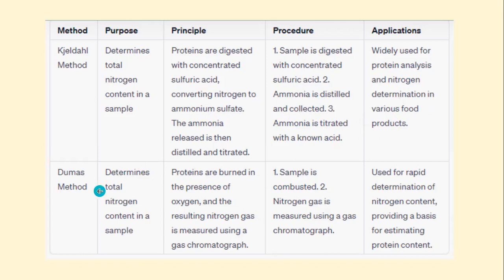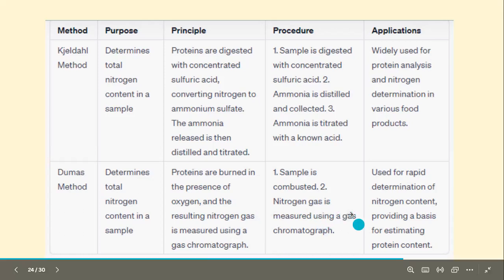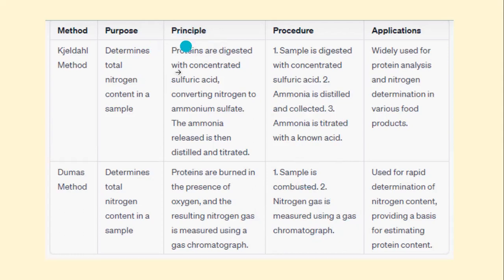Here, the Dumas method is also almost the same. The sample is combusted. It is burnt, and nitrogen gas is measured directly using a gas chromatograph. Okay, so this is an easier method compared to the Kjeldahl method. Easier in the sense that it's quicker, because in the Kjeldahl method, the protein digestion itself takes a lot of time.